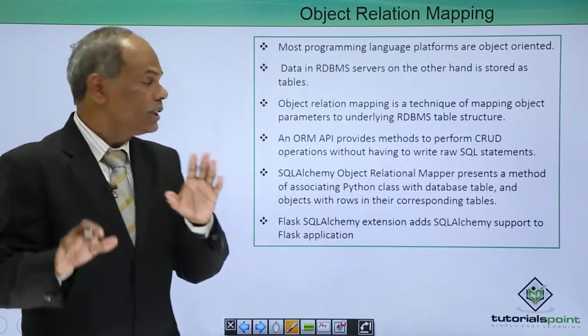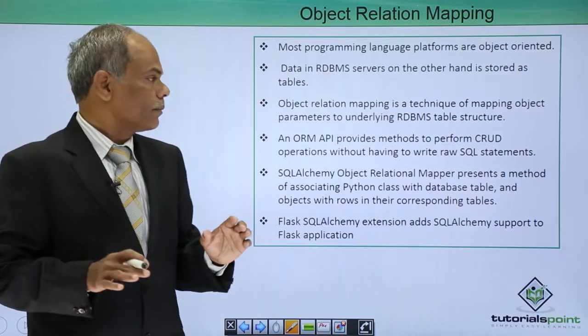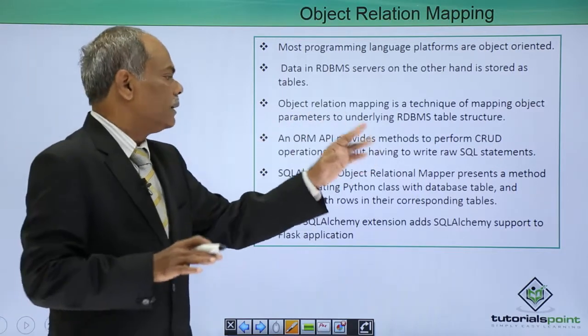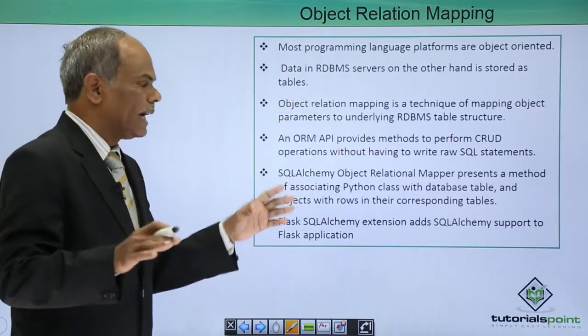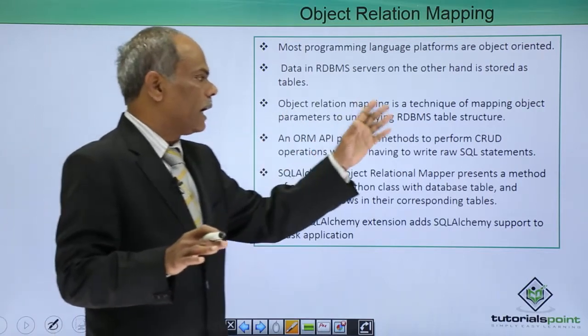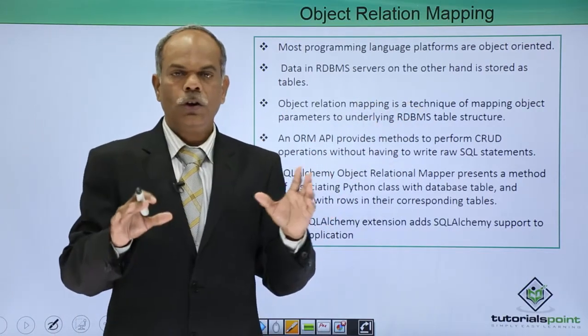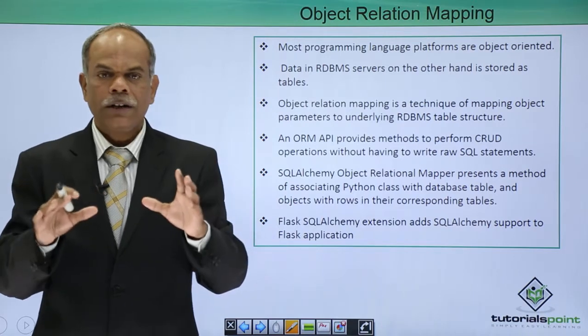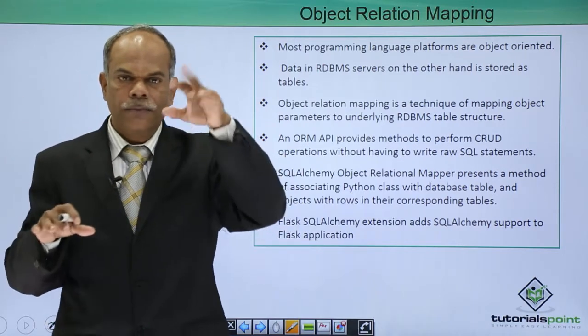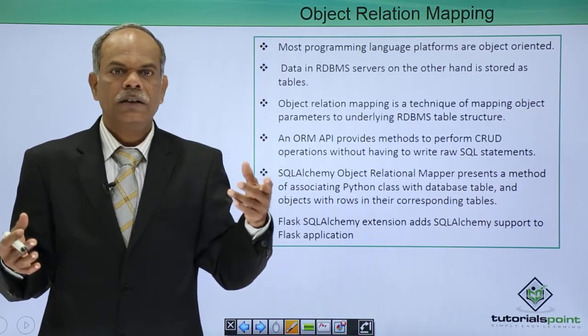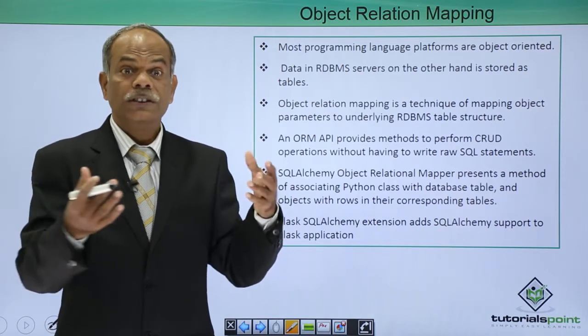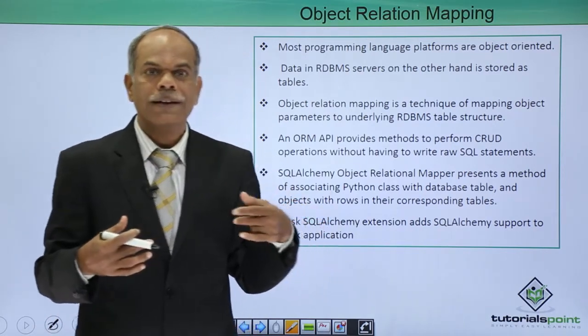So the object relation mapping technique is used to map the object parameters of a class to the underlying RDBMS table structure. At the end of the day, the table has fields which are equivalent to the instance variables of a class.